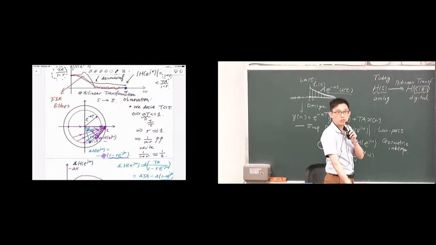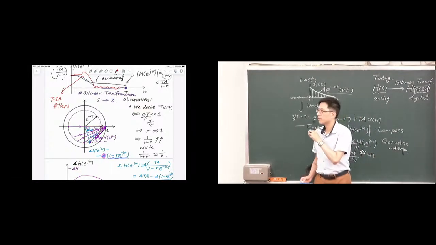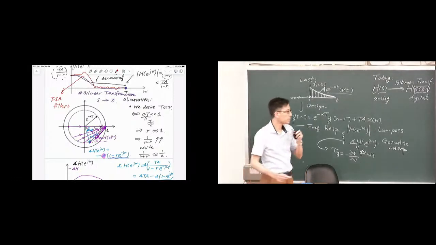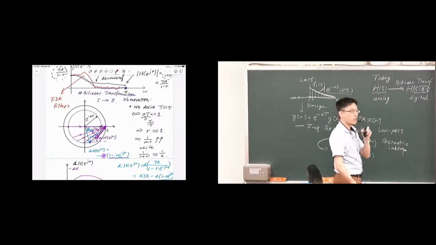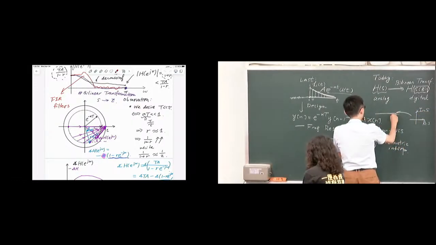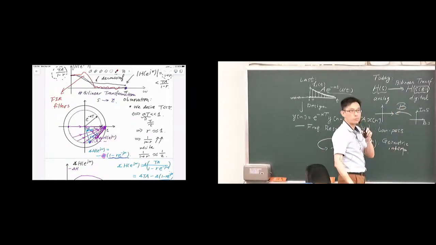Now, I invite you to think of S as a function of Z. There would be a mapping from the S domain, real S, imaginary S, from complex S to complex Z. That's the transformation we are talking about, denoted as B, bilinear transformation.